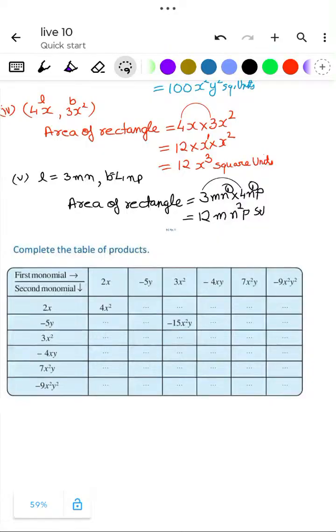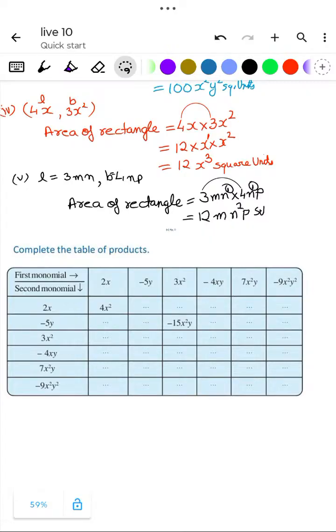The second monomials are 2x, minus 5y, 3x square, minus 4xy, 7x square y, minus x square y square. So when we multiply the first monomial with the second monomial, the answer will be written here like this. 2x into 2x is equal to 4x square. So similarly we have to fill all these blank spaces and write the correct answers here.